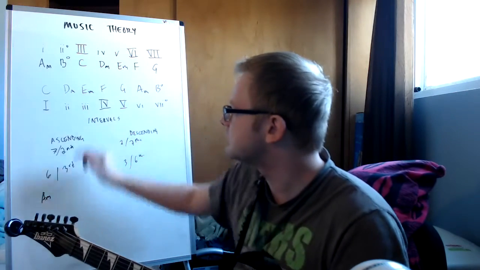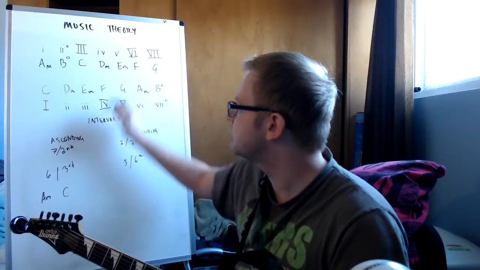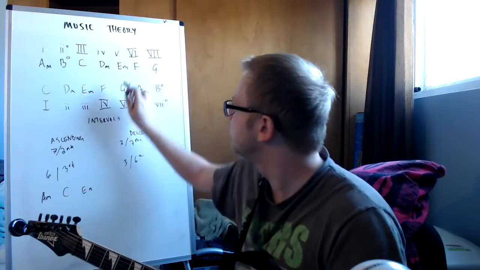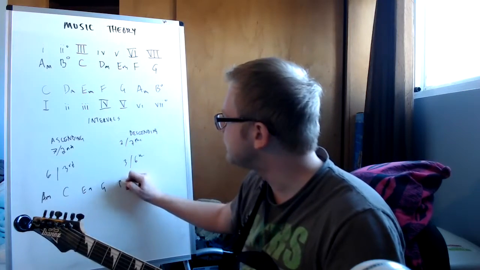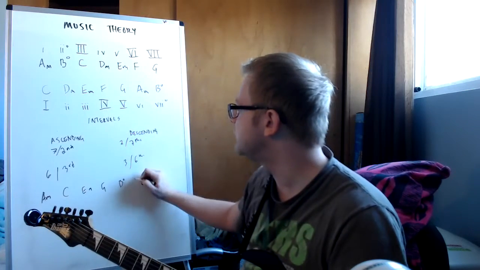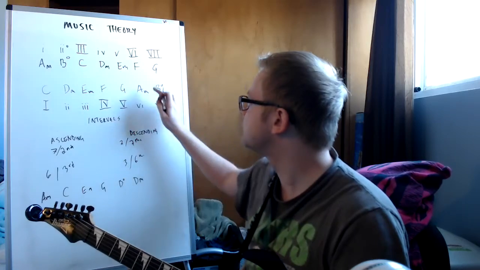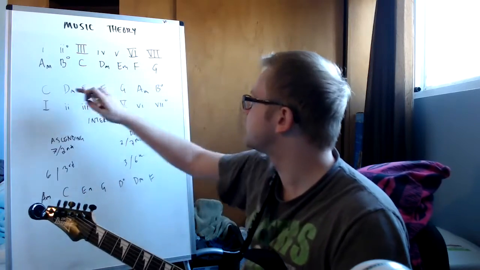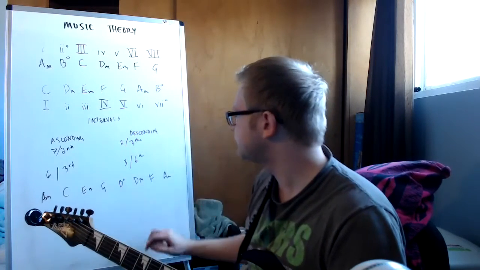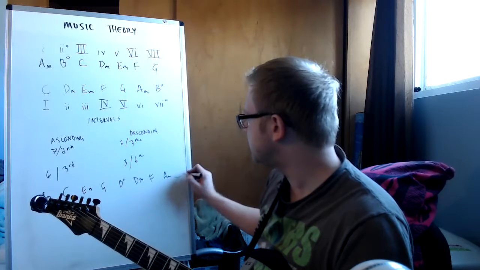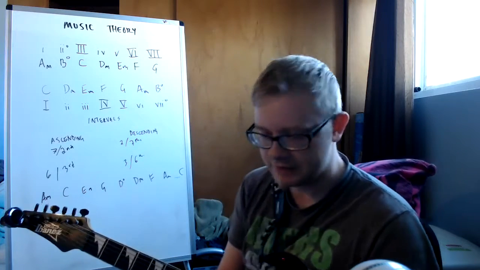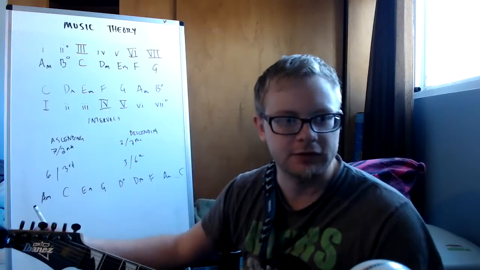So 1, 2, 3 to the C, 1, 2, 3 to E minor, 1, 2, 3 to G, 1, 2, 3 to B diminished, 1, 2, 3 to D minor, 1, 2, 3 to F, 1, 2, 3 back to A minor, and I'm going to go dot, dot, dot here at the end and finish off with the C, so that way you can see, because that's the next chord.